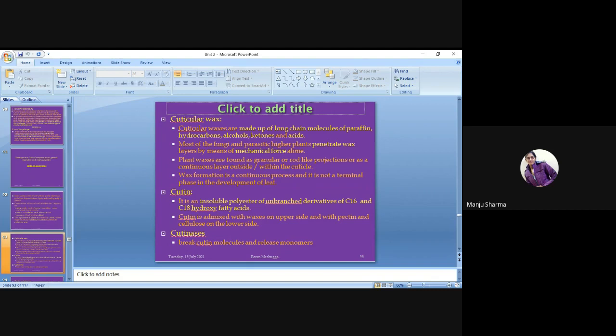Always, ase is the suffix of enzymes. Okay, like cellulose, which is degraded by cellulase.